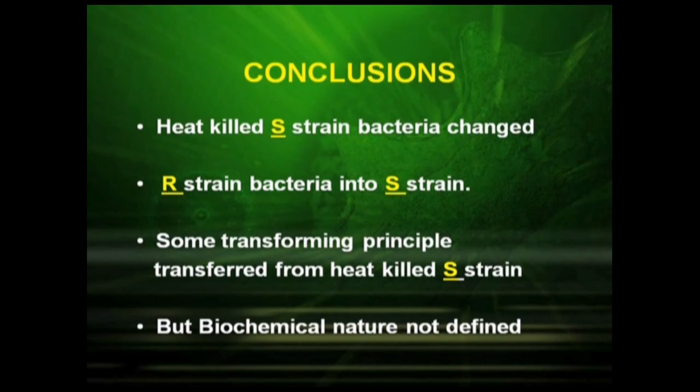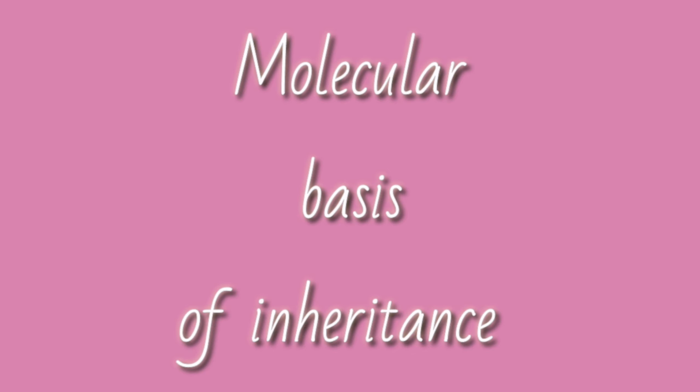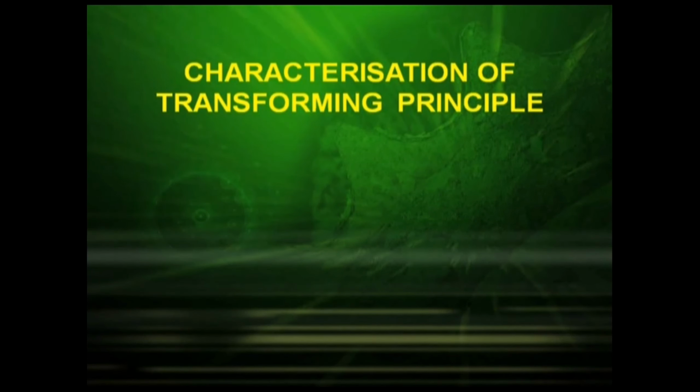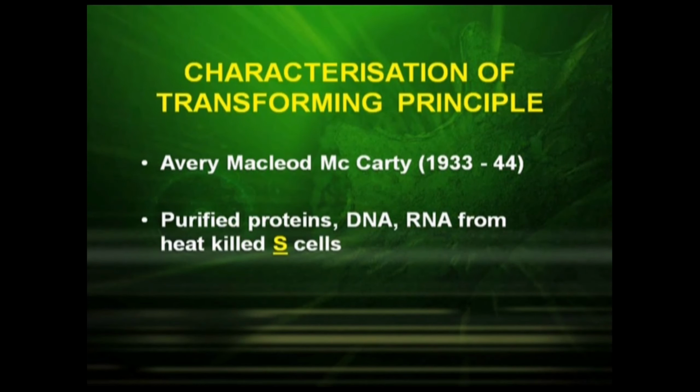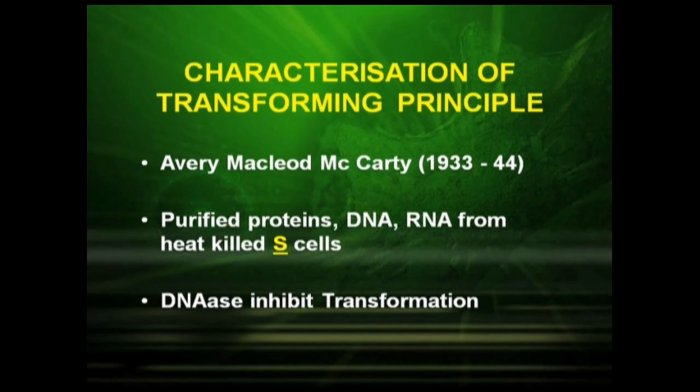But the biochemical nature was not defined by Griffith. So in the next experiment, the characterization of the transforming principle was performed by three scientists, Avery, MacLeod and McCarty, 1933 to 44. They purified proteins, DNA, RNA from heat-killed S cells. Now to their surprise, they found it is only the DNA that inhibits the transformation.